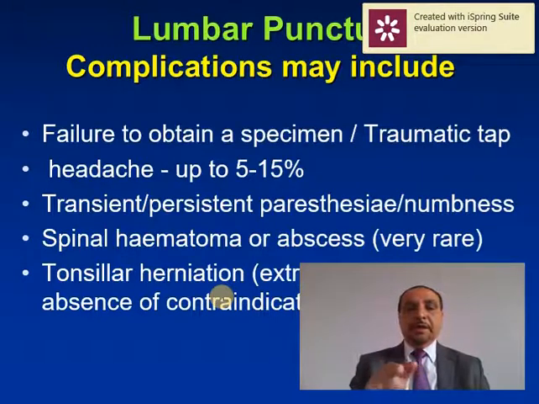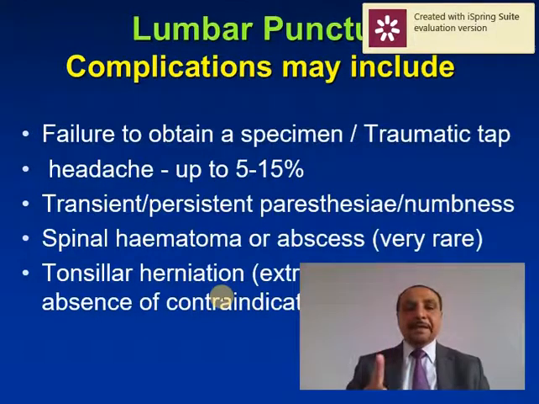If you lose these spaces, then no more. If all of them are traumatic, then you will fail. If you failed in one space, or in two spaces, better to ask one of your colleagues to proceed and do the lumbar puncture.